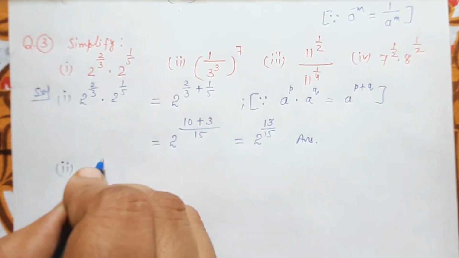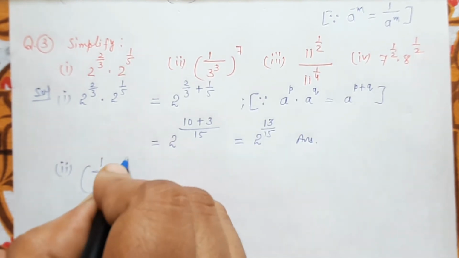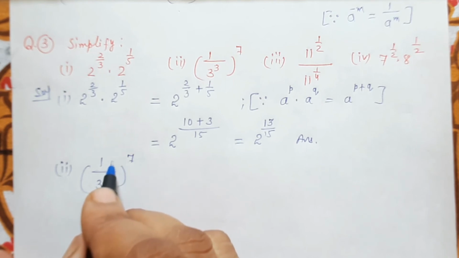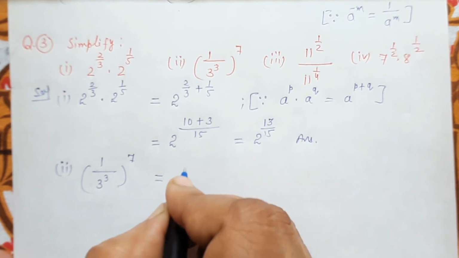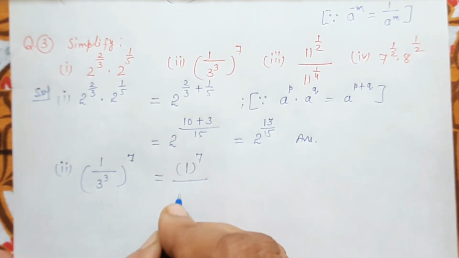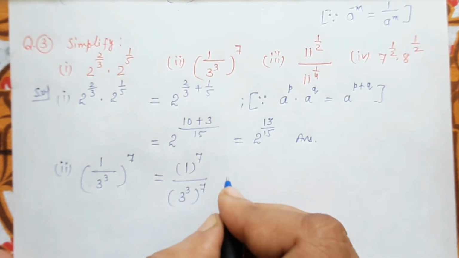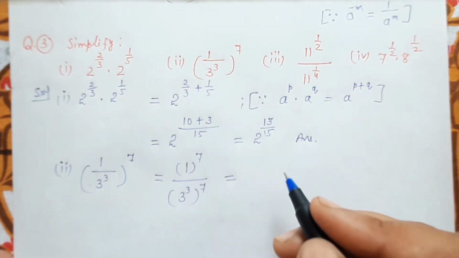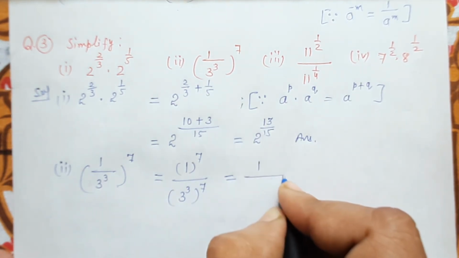It is given 1 upon 3 raised to power 3, and whole power 7. If the whole power is 7, then it will apply to the numerator also and to the denominator also. So this can be expressed as 1 raised to power 7 upon 3 raised to power 3 whole power 7. 1 raised to power 7 means 1 is multiplied 7 times, 1 into 1 into 1 like that, so the answer will always be 1.